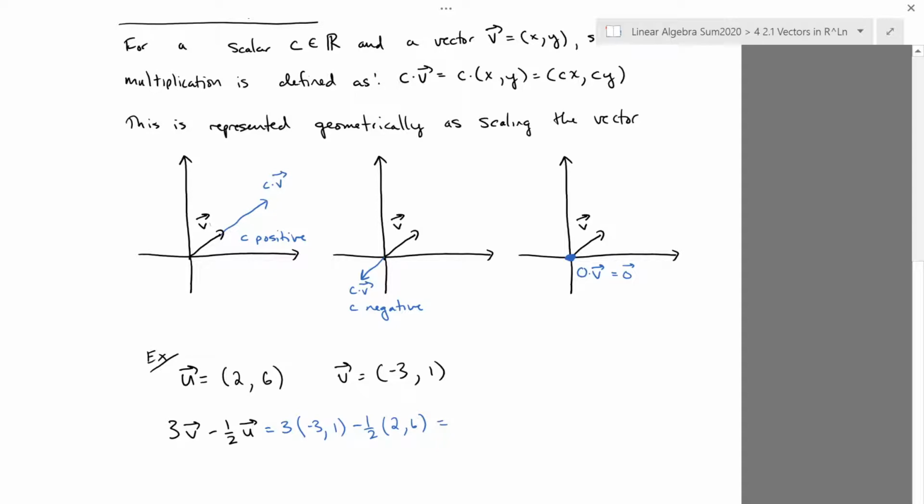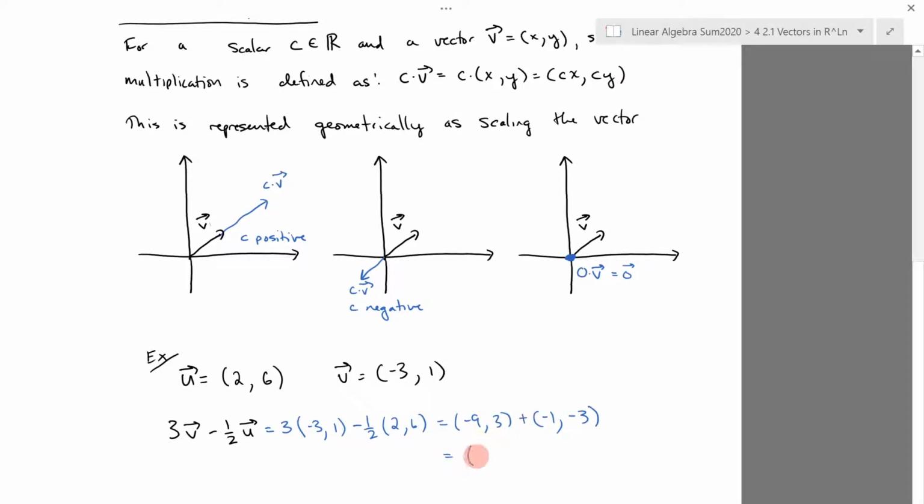Right, so do the scalar multiple first. So this becomes -9 comma 3, and then plus, and then -1/2 times 2 is -1, and then -1/2 times 6 is -3. And then now we do the vector addition by adding the corresponding coordinates.